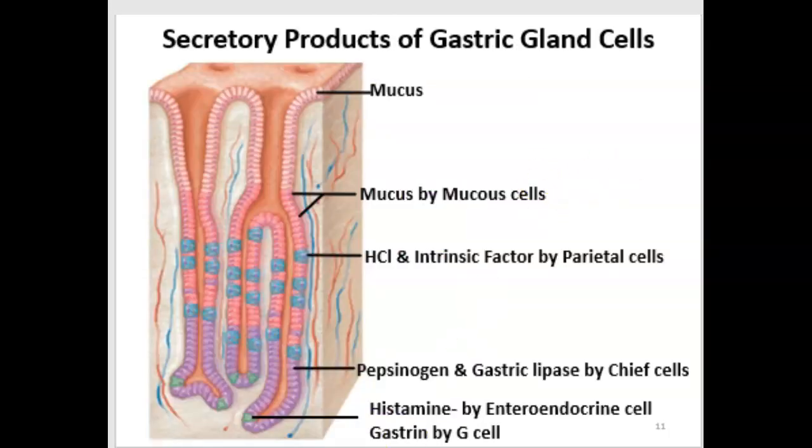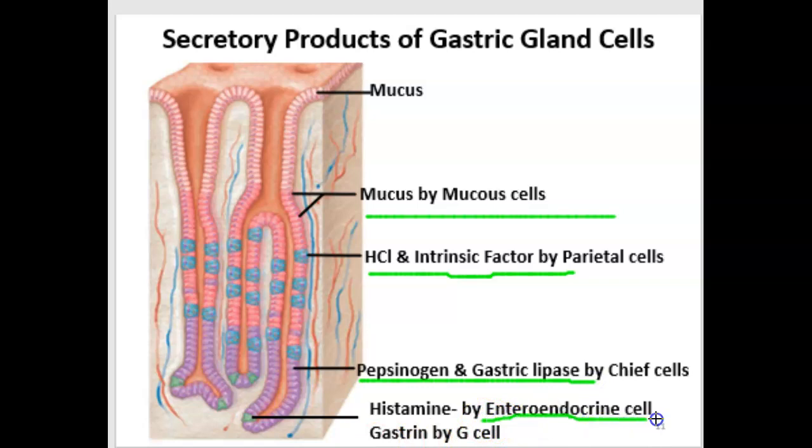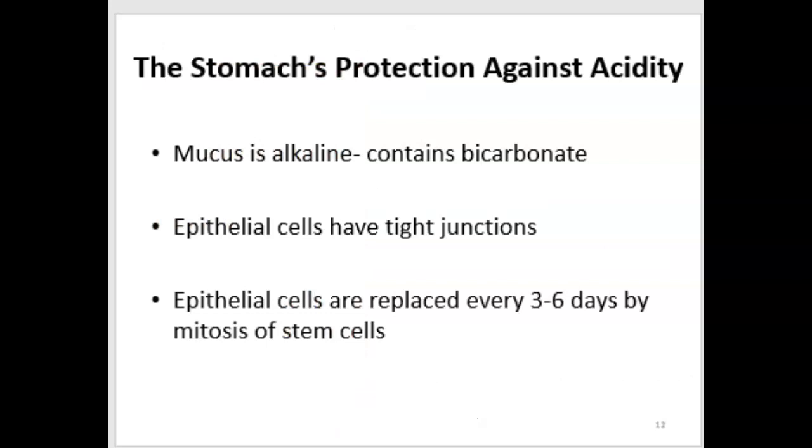Okay, this slide also might be helpful for you. It points to specific cells and tells you what they release: mucus, hydrochloric acid and intrinsic factor, pepsinogen and gastric lipase, or in the enteroendocrine cells releasing histamine or gastrin, depending on what type they are. So the mucus protects the stomach against acidity because it is alkaline.